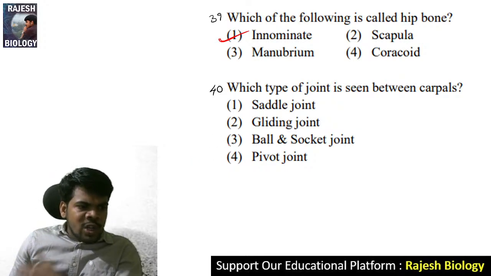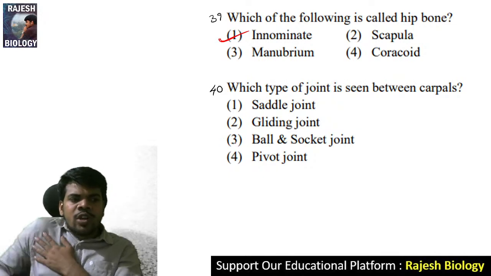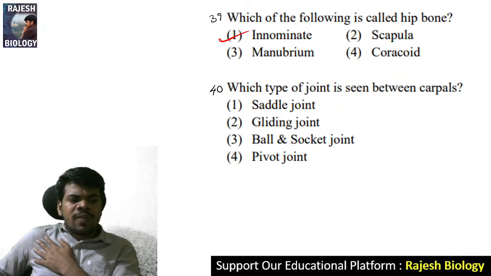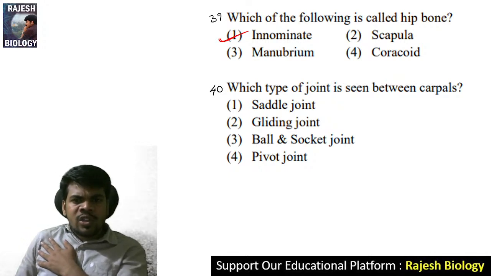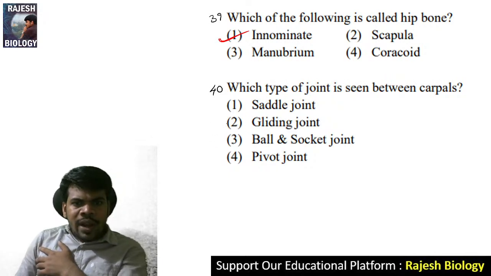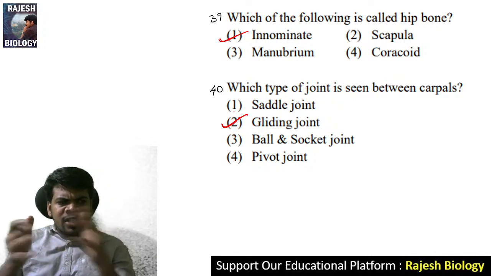It is not ball and socket joint, Nagajyoti. Ball and socket joint is present at the starting point of the hand and at the starting point of the leg. So for 40, the right answer is 2, gliding joint. Joints are already covered on our channel.